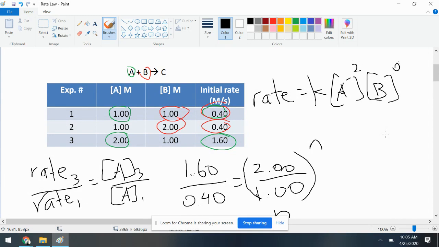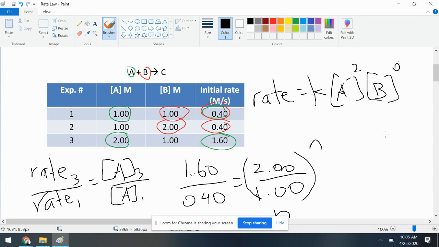So in other words, you're going to go from 0.4 to 1.60. That's 2 to the power of 2, which means it's multiplying by 4. So the reaction order of 2 compared to 1, it just shows you that it's much, much faster. That's it.